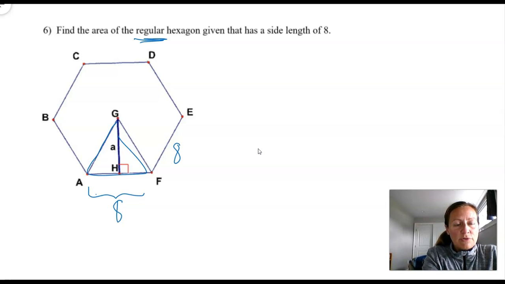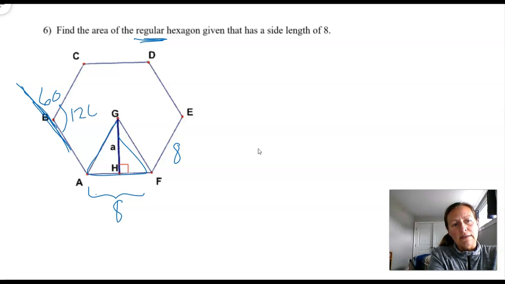So if we draw this one triangle coming out from the center, using these radii type segments, all of the other ones will be equal. So we can figure out the measure of each interior angle because it's a regular hexagon, because the exterior angle, there are 6 of them. 360 divided by 6 is 60. So that means the interior angle that it is a linear pair with would have to be 120.